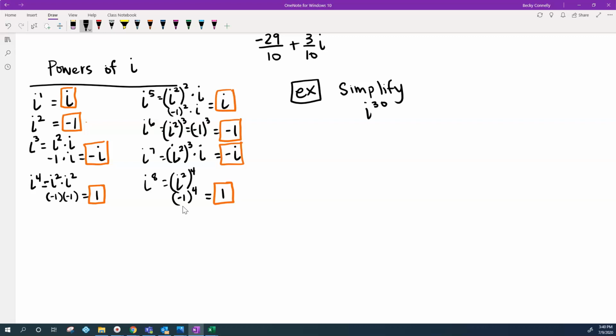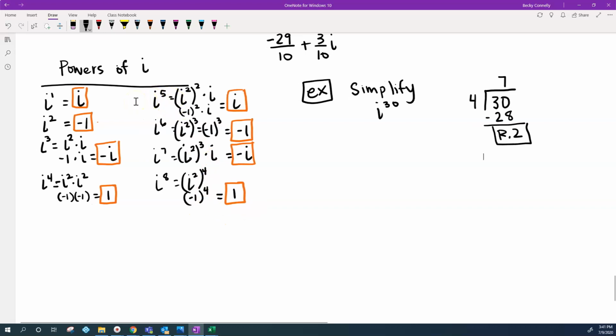And so if I take 4, because there's 4 different possibilities, and divide it into 30, well, 4 divides into 30 7 times, and I don't care about how many times it goes in. What I care about is the remainder. So I'm left with a remainder of 2. And when I have a remainder of 2, that's going to correspond with these over here.